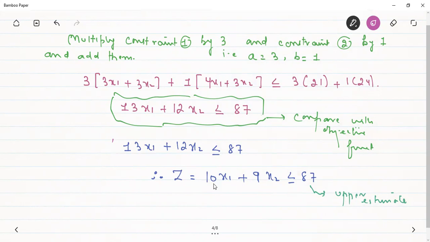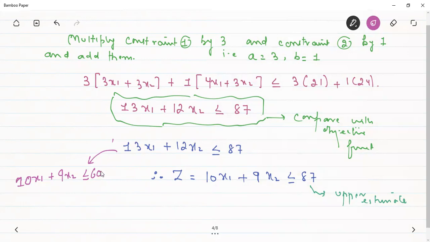Then I can't compare. Suppose I would have got that 10x1 plus 9x2 is less or equal to 60. That would indicate that after performing some operations on these constraints and adding them, I'm getting the same objective function.